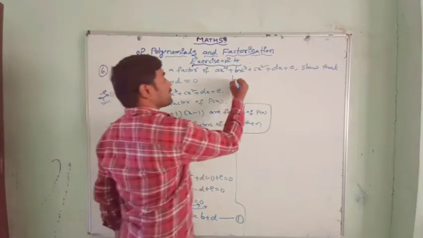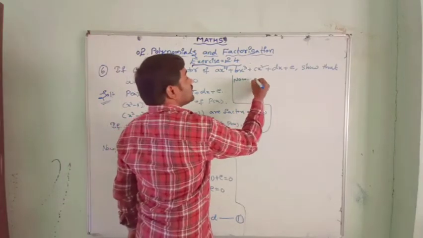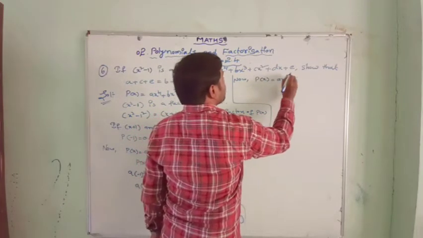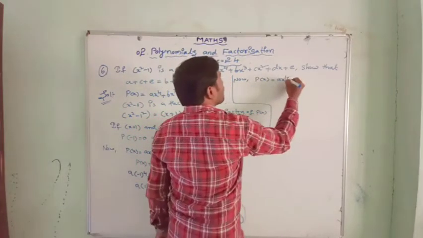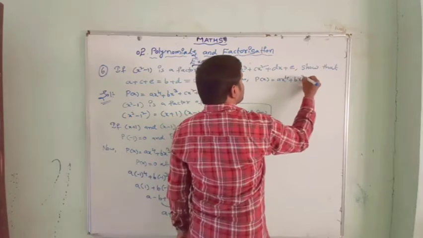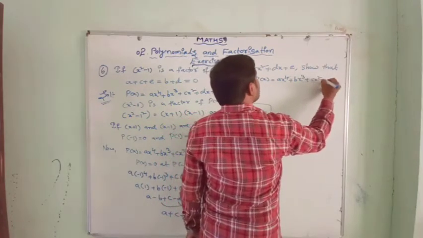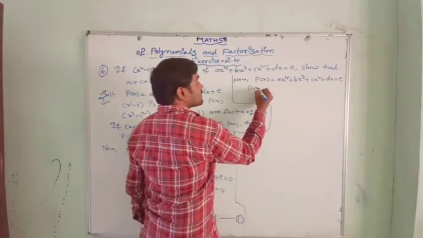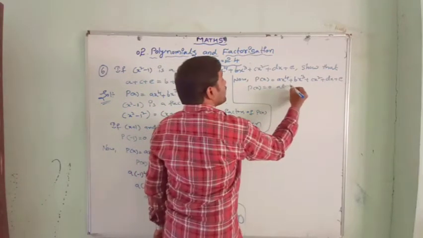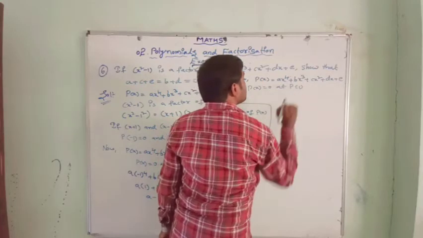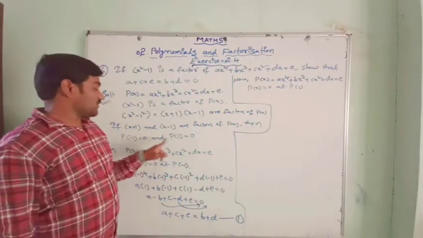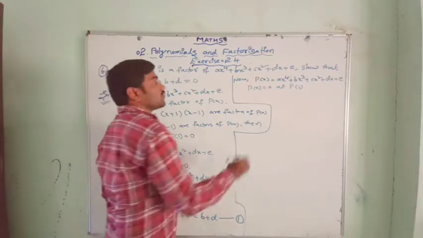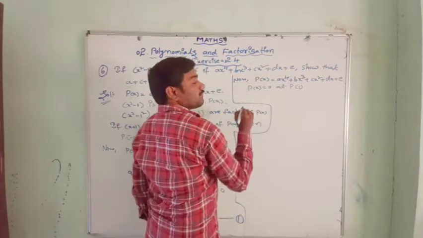So now again let us write our given polynomial p of x equal to a x to the power of 4 plus b x to the power of 3 plus c x square plus dx plus e. So here p of x is equal to 0 at p of plus 1. Here p of minus 1 equal to 0, already we did it. Now p of plus 1: instead of x we are going to put plus 1.